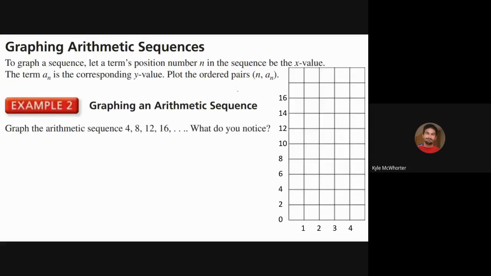Now there's also the idea of being able to graph a sequence. So to graph a sequence, we are going to say that the term's position number n is the x value, and the term a sub n is the y value.